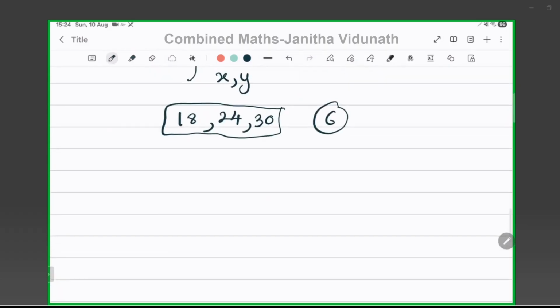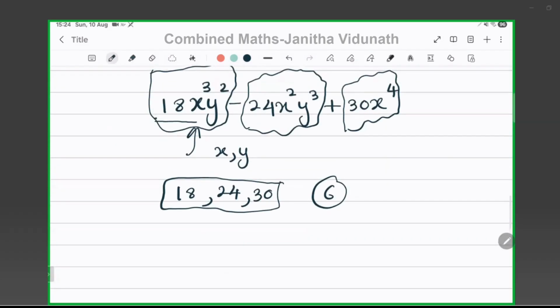From this, first we can take 6 as a common factor. And also when we look again, we can see the x term is common for all three terms. The first term has x cube, the second has x to the power 2, the third term has x to the power 4.